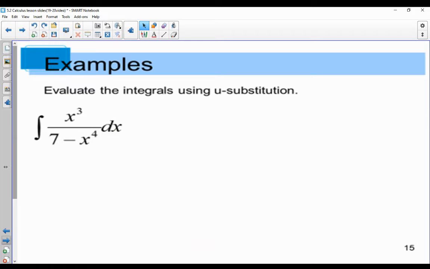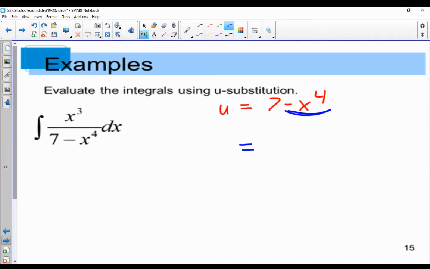I want you to try this one on your own. I do want to mention real quick, this is a common error kids make. I will tell you, you will have to use u substitution. So u equals 7 minus x to the 4th. If you derive the right side, the derivative of 7 will be 0, but then when you derive this, it's going to be negative 4x cubed dx.